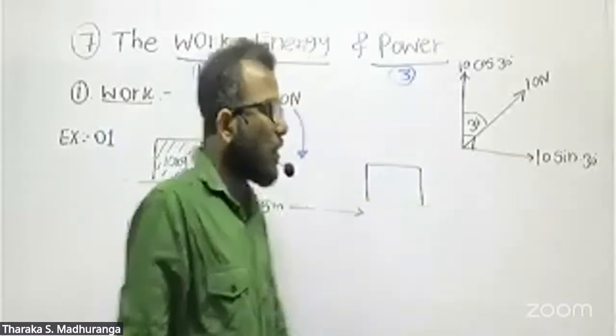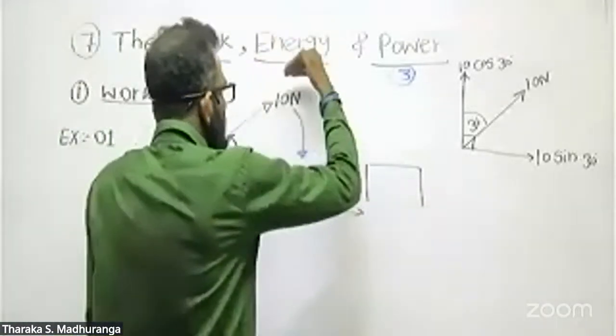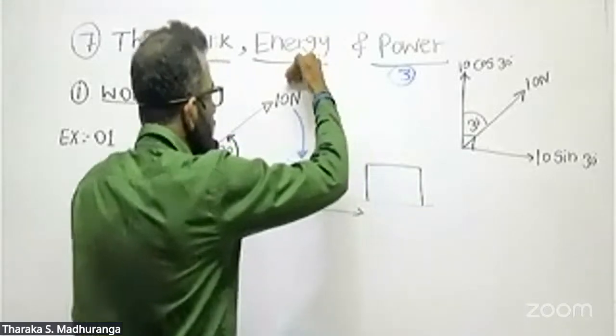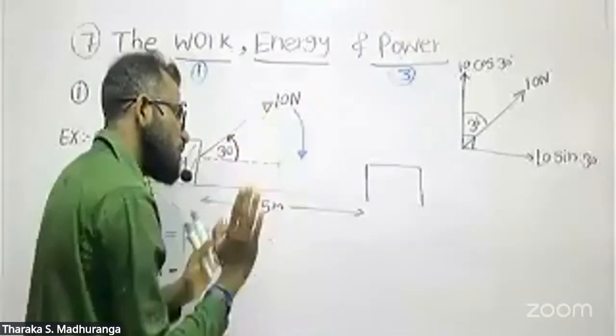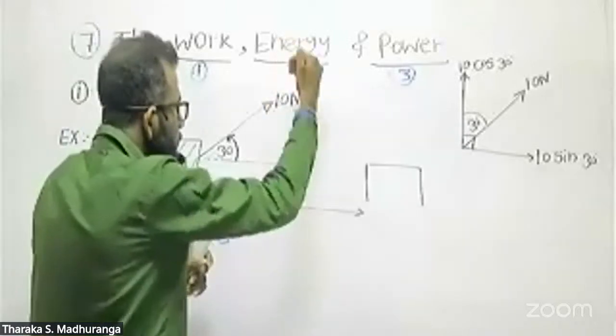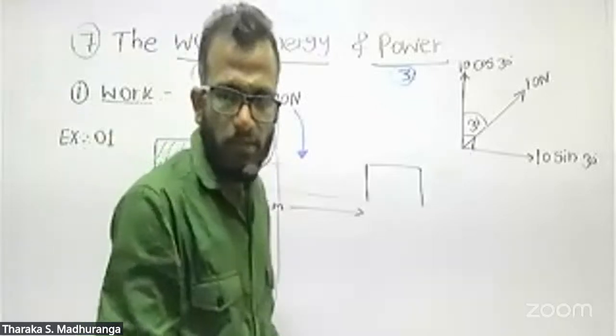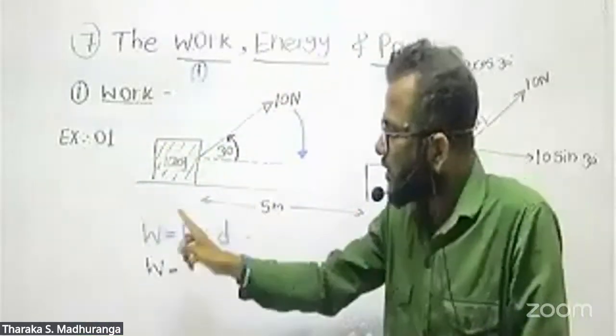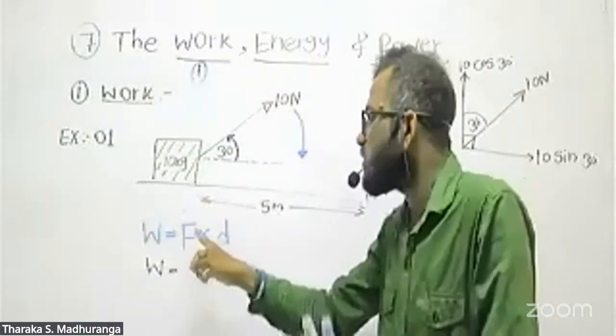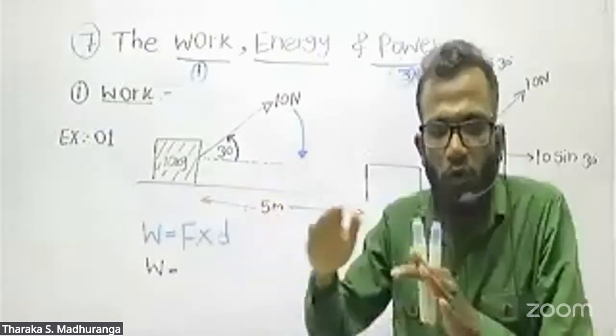Now we resolve this 10 Newton force into this direction. Our target is to take force and displacement in the same direction, because work equals the external force times the displacement in the force direction.